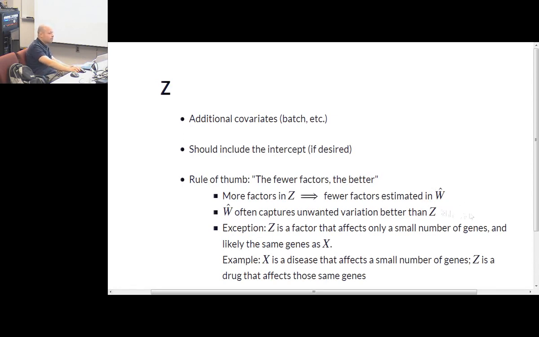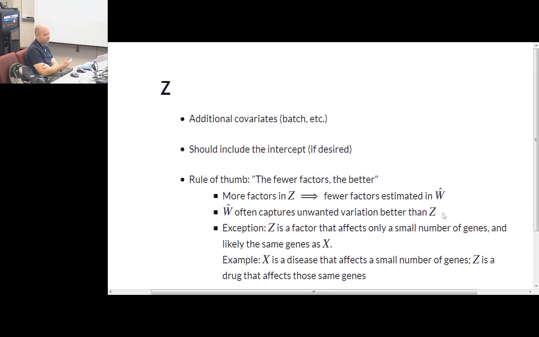And elaborating on that point slightly, even if you have, for example, known batches, and there are differences between the batches, it's typically not the case that batch per se is the source of the unwanted variation.